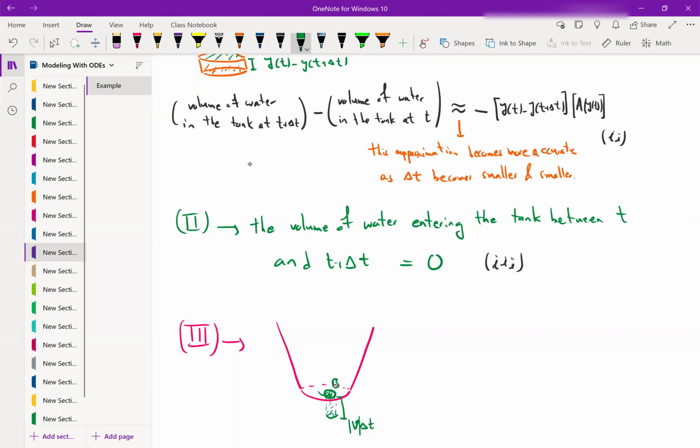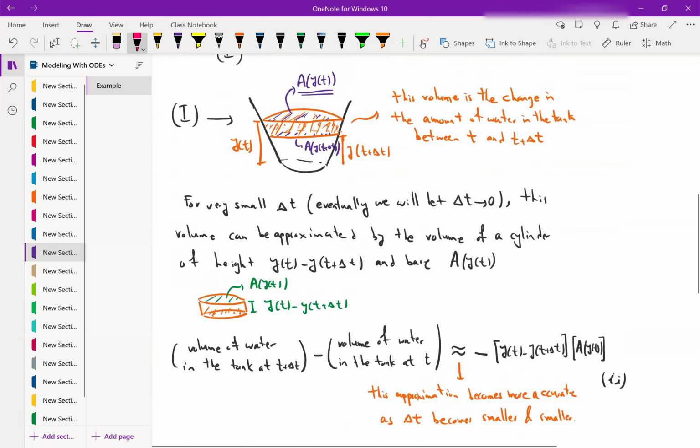Of course, there is a point here that we need to be careful about. So it seems that the volume of water leaving the tank will be like the volume of a cylinder of base B and height V delta t. I'm going to be a little bit more careful about this because this V, the velocity, is changing with time. Let me scroll up.